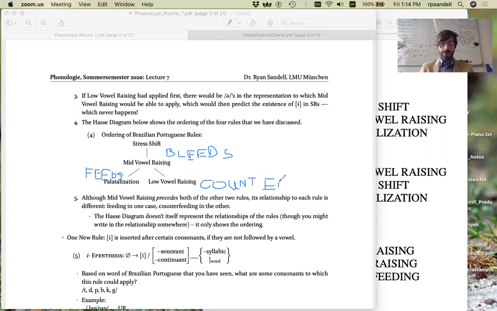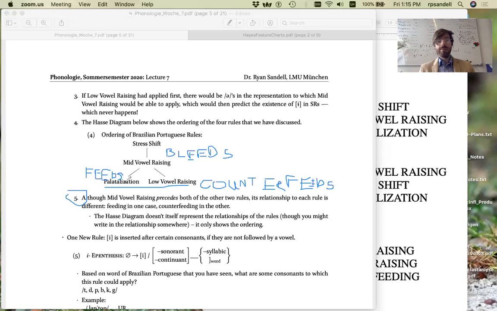So looking at point 5 here on the handout, note that although mid vowel raising precedes these two rules of palatalization and low vowel raising, the relationship between mid vowel raising and palatalization is different in each case.